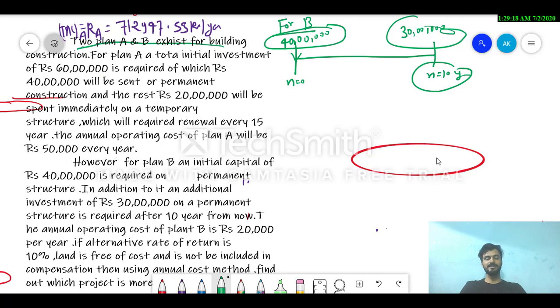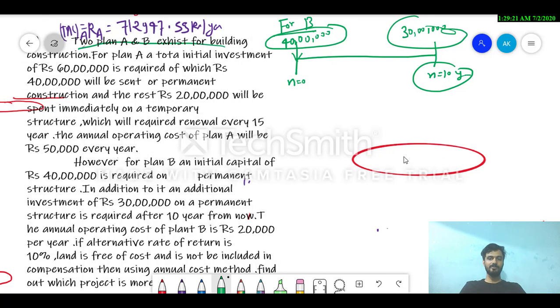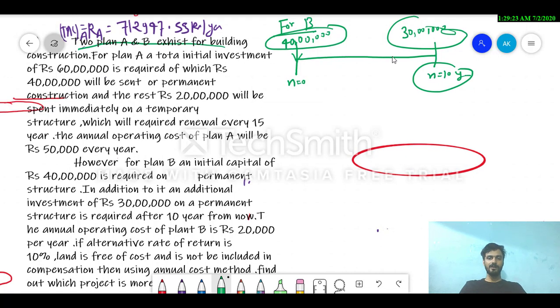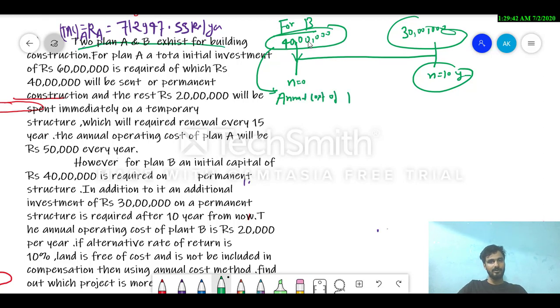Okay, so what you have to do here is first convert this amount into its present value for the permanent cost. So I am calculating the annual cost of 40 lakhs: 40 lakhs multiplied by 0.1, that equals, my dear student, 4 lakhs rupees per year.